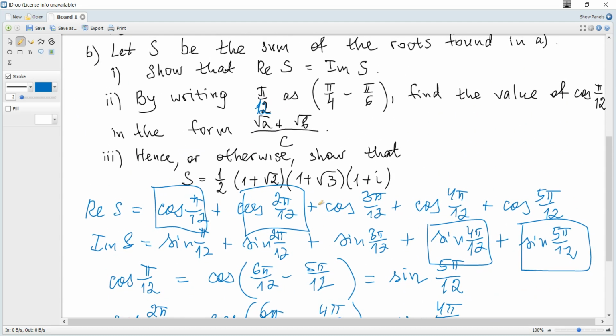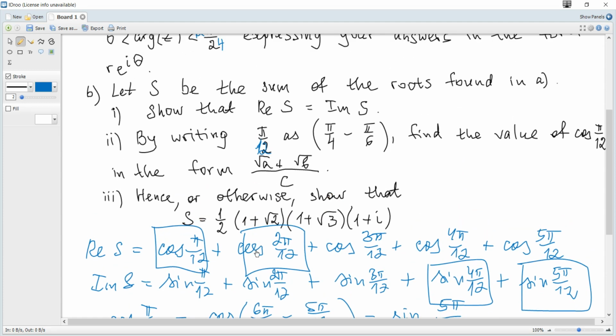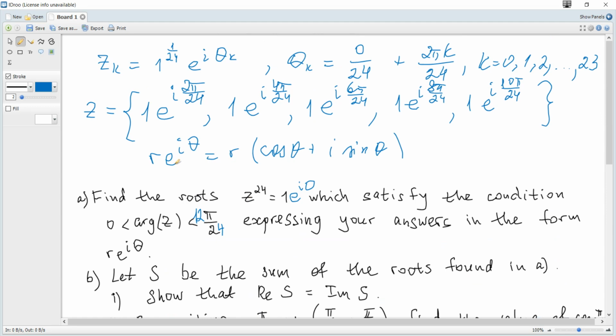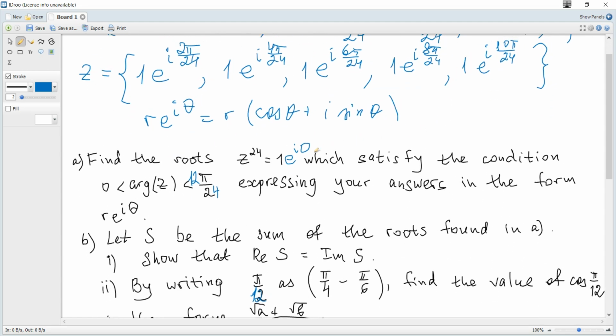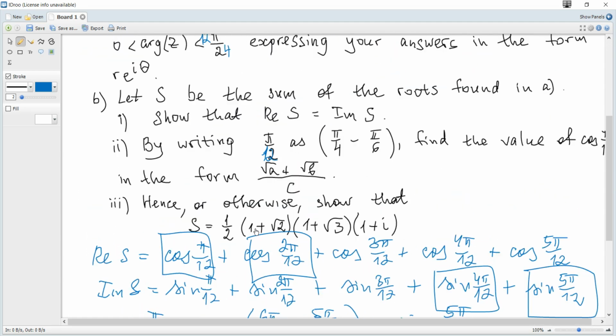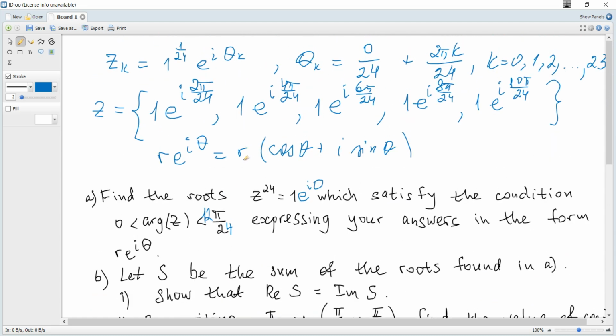Hence, to show this, as it's a complex number which is the sum of these roots, it will be a sum of cosines plus a sum of sines.